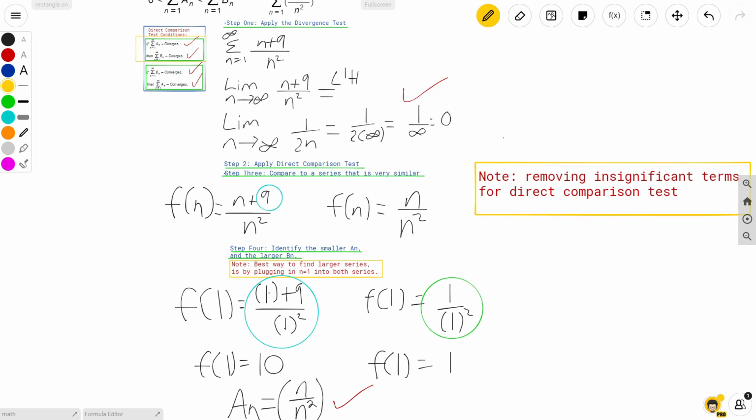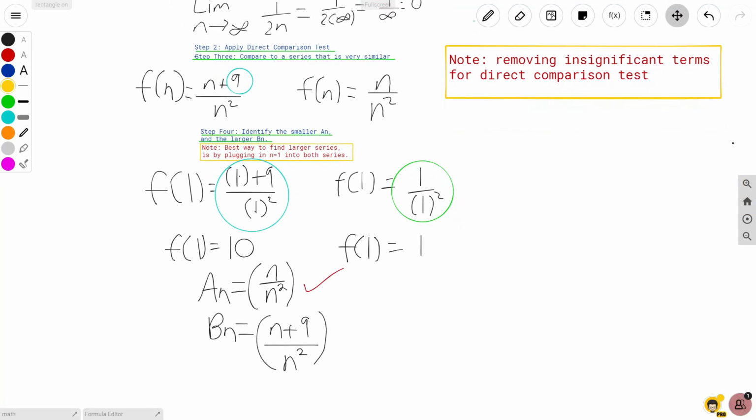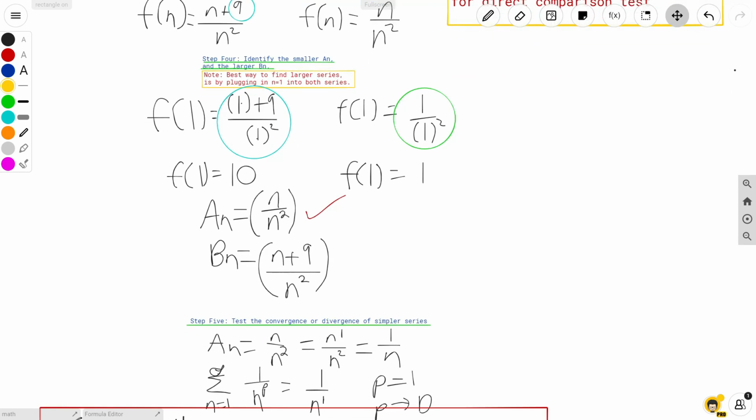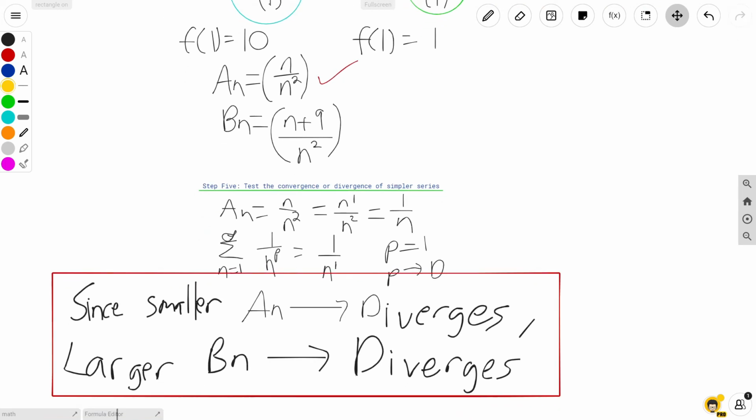And then from there, once we figured out what our other, similar series was, we identify A sub n and B sub n by just plugging in 1 to see which one's larger. Then we identified A sub n and B sub n. And then we test the simpler of the two series, which in this case was A sub n. And then we applied the p-series, which I forgot to write, so I'm going to go ahead and write it real quick.